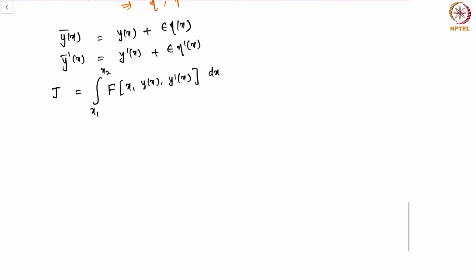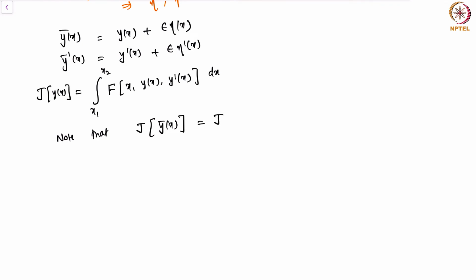Now, it's important to note that we are looking for the extremum, and since y of x is the extremum and the only variation is because of epsilon, we can immediately say that J of y bar of x is J of y of x. J of y bar of x, the only thing that is varied is epsilon.